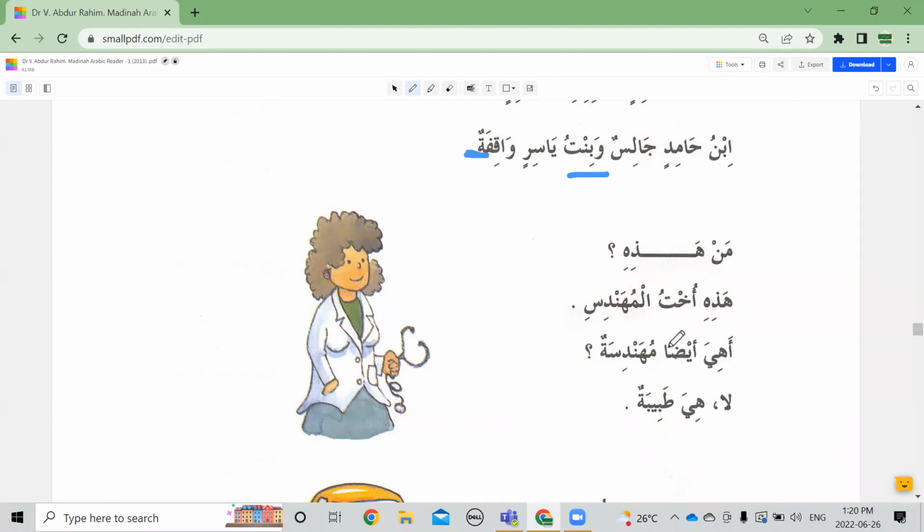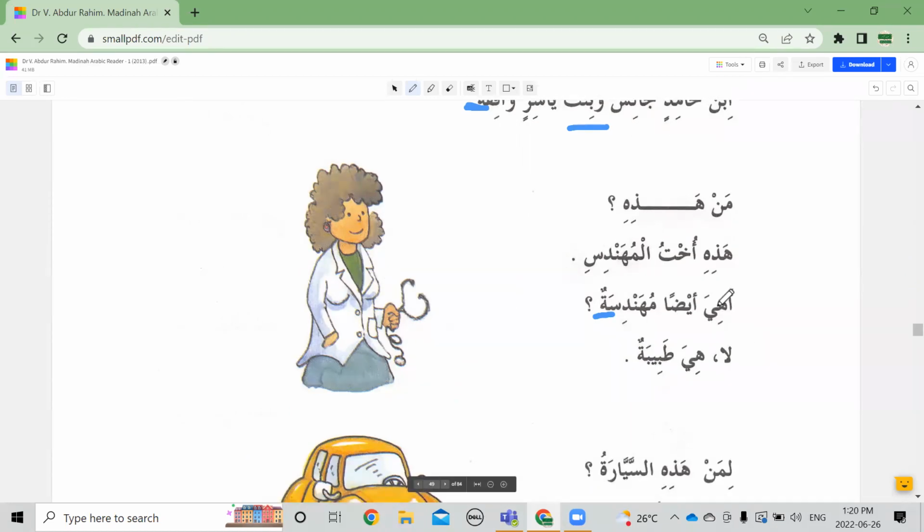Aidan means also. Is she also an engineer? Yes. Now notice here, for masculine, it's just al-muhandis. But for the girl, it is muhandisatun. Is she also engineer? No, she is a doctor. Tabibatun, because for feminine.